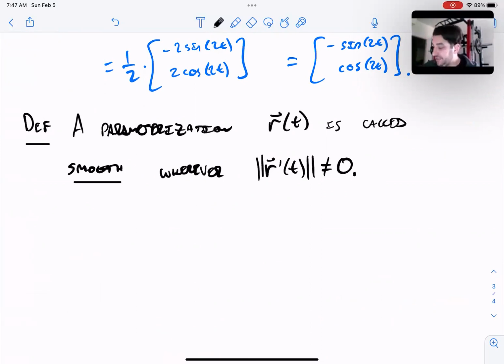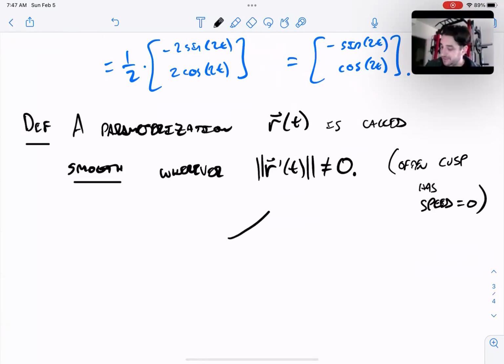This is often where you get a cusp or a corner, right? So often a cusp or a corner has speed zero. So that's sort of visually what is happening when you have a point that's not smooth. So I think that's why they call it not smooth, because you could poke your finger on it.